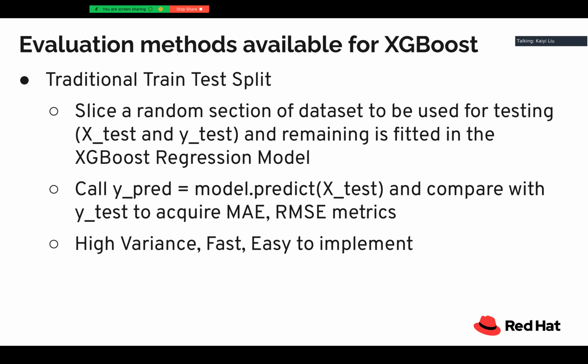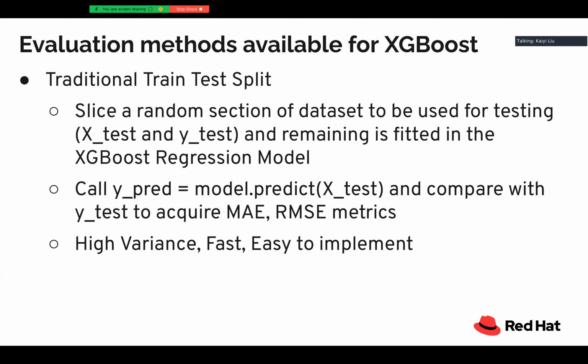So like I said, for the first evaluation method, probably the easiest one you can do is a train test split. It's also probably the worst one you can do. It's the lazy option. You would slice a random section of the training data set to be used for testing, and then the remaining will be fitted in the model.